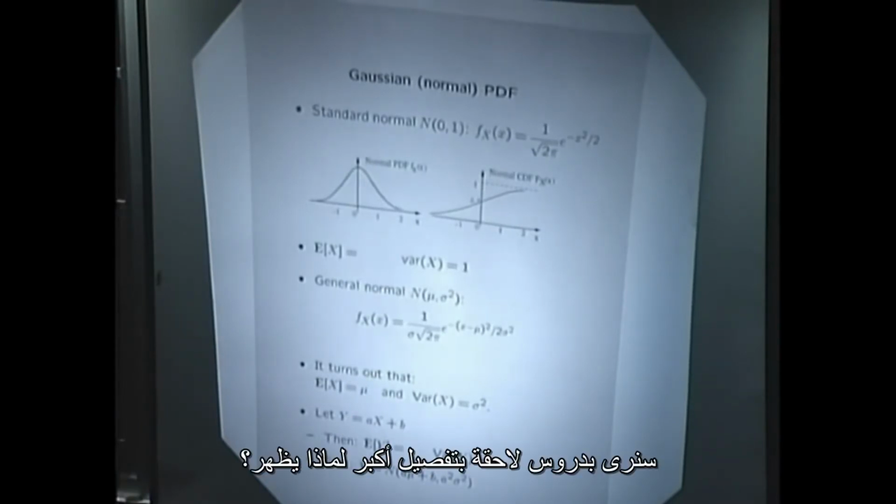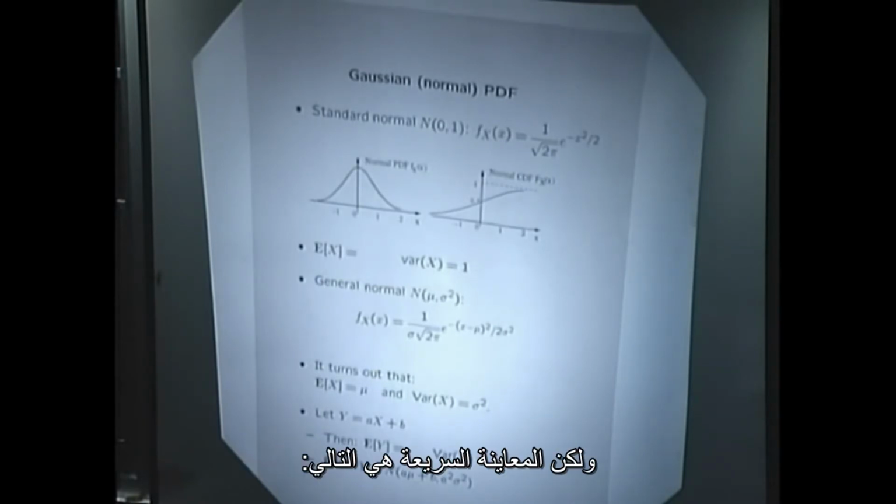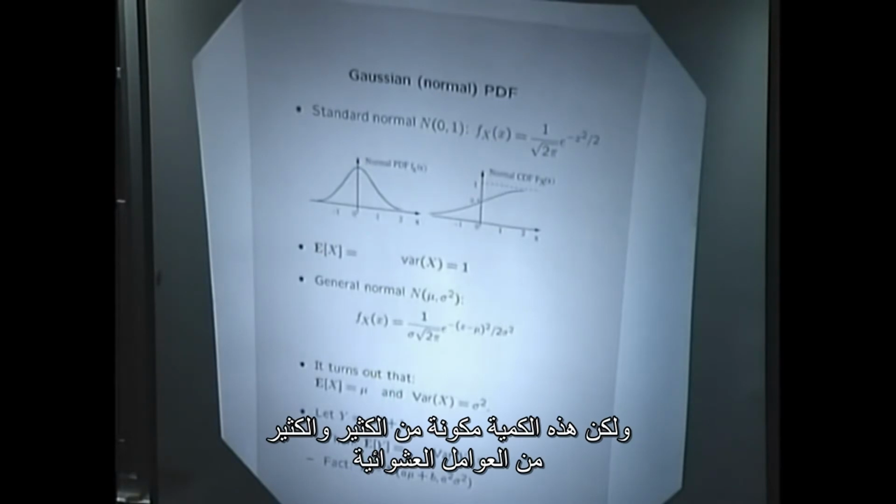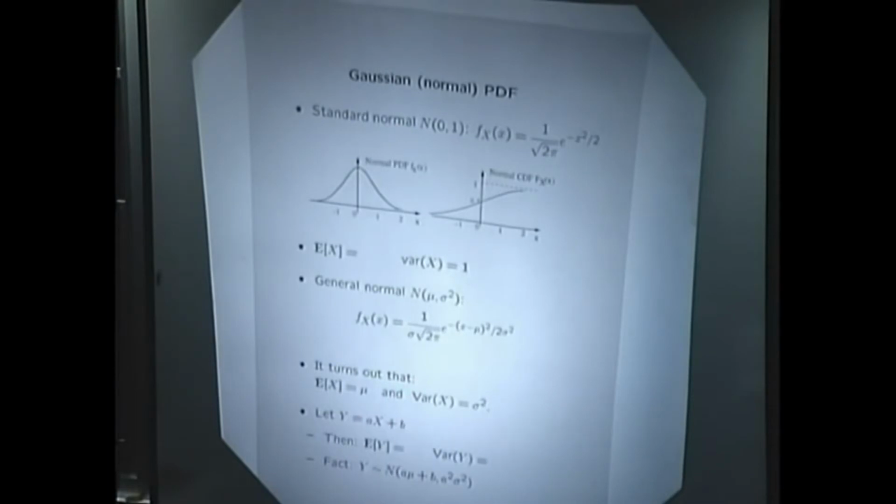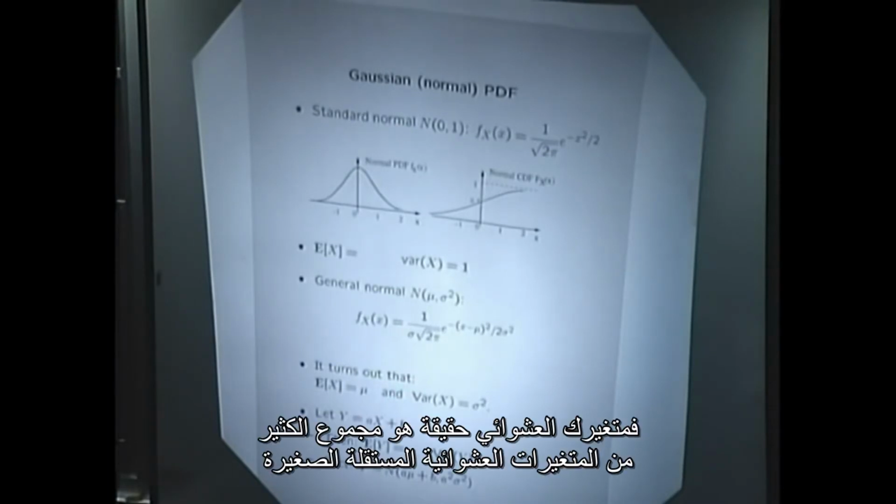We'll see later in the class in more detail why it shows up. But the quick preview is the following. If you have a phenomenon in which you measure a certain quantity, but that quantity is made up of lots and lots of random contributions. So your random variable is actually the sum of lots and lots of independent little random variables.